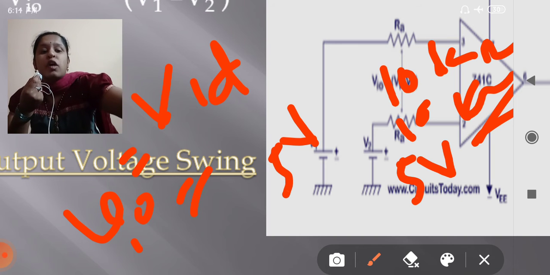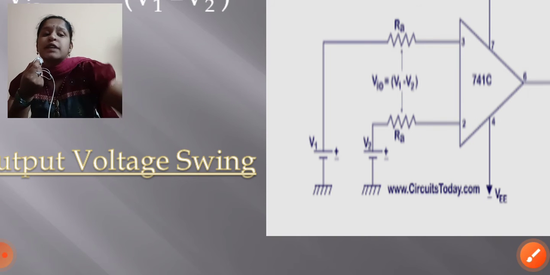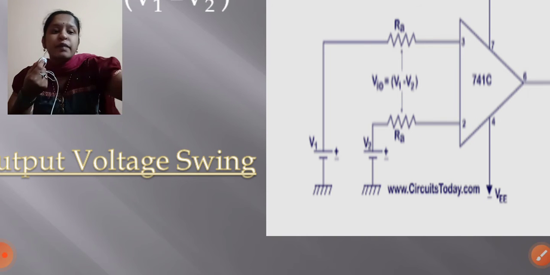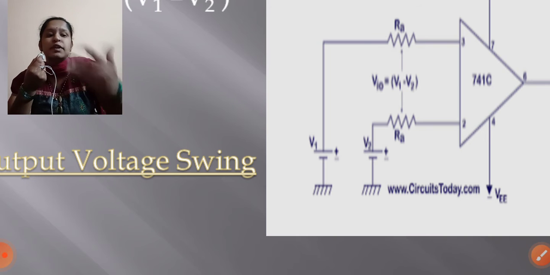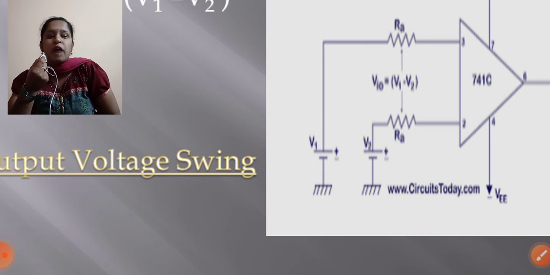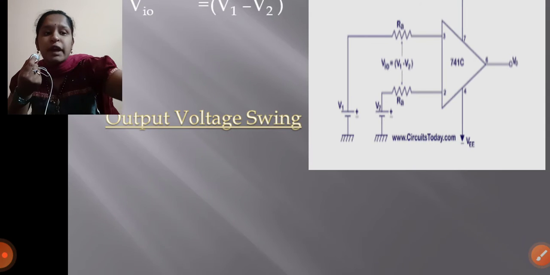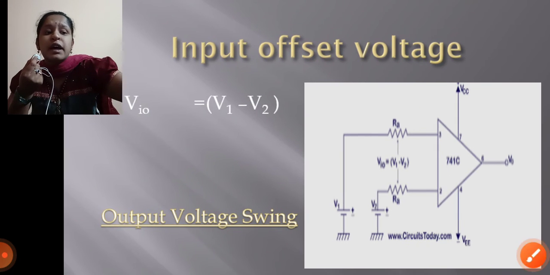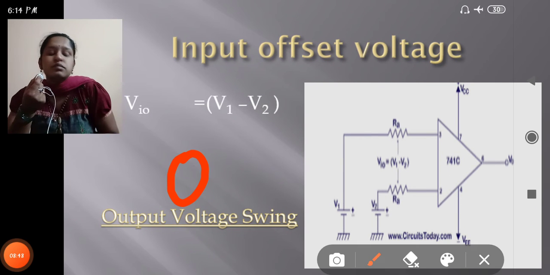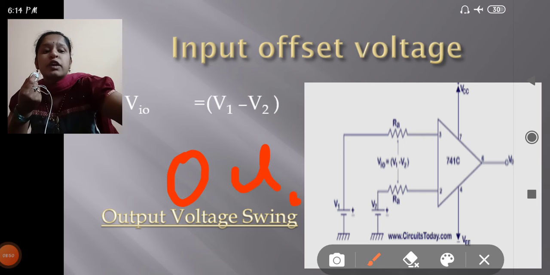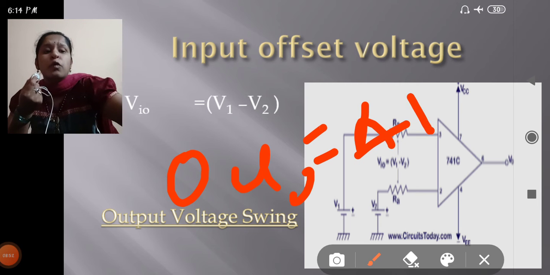V io equals, obviously, 5 minus 5, we will get 0, right? V1 minus V2, otherwise V2 minus V1, whatever you have to take. If you take that one, obviously you will get 0, right? V naught equals A into V io, right?